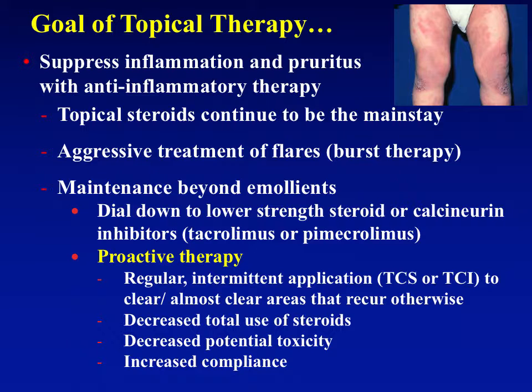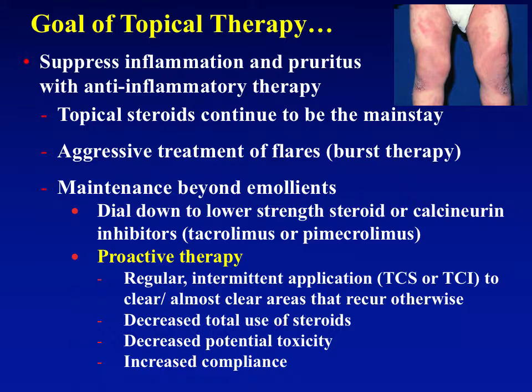We can maintain, and sometimes that's just maintaining with emollients and hitting with a stronger steroid as needed. Sometimes it's dialing down to a lower strength, or sometimes it's what's called proactive therapy. And proactive therapy is actually FDA approved in Europe, but it's something that we're doing more here. It's a little tricky because each person may need a little bit of a different proactive therapy approach.